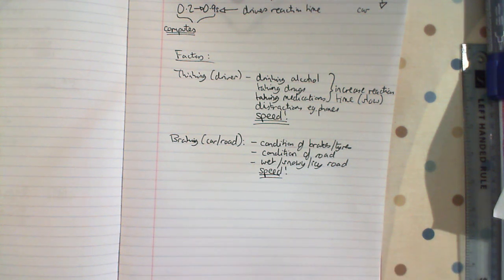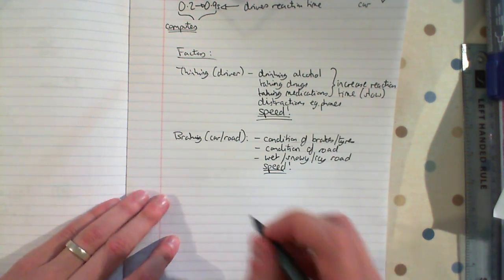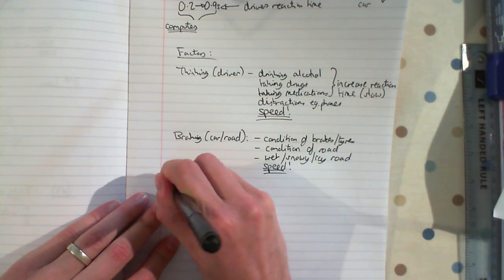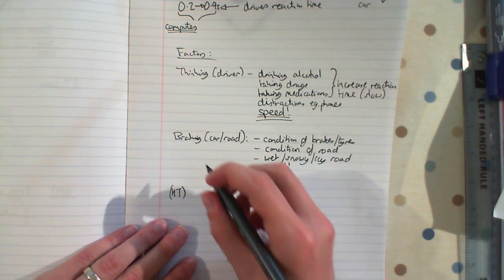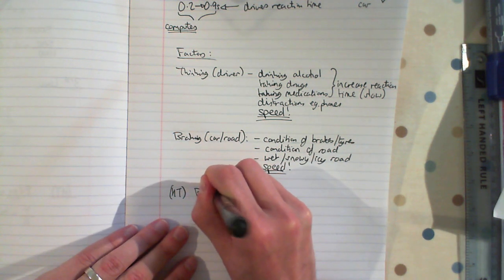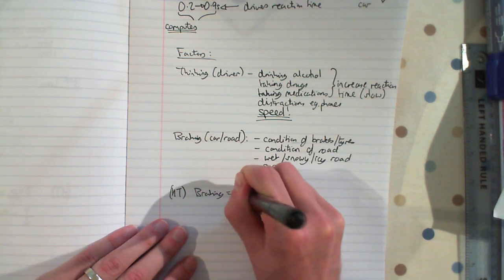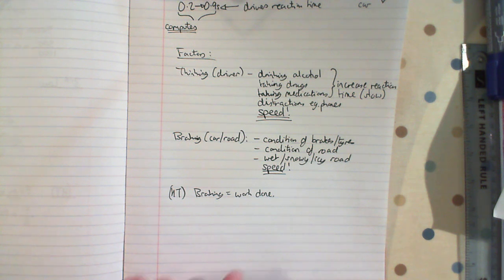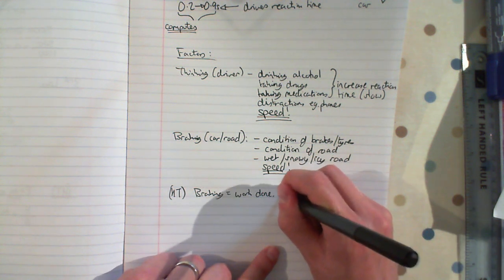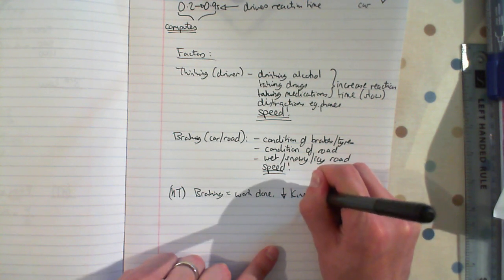So when we brake, and this is for higher tier only, we are doing work done. Braking equals work done. We're doing work on the brakes, and that slows the car down. If we're slowing the car down, that's decreasing the kinetic energy of the car.